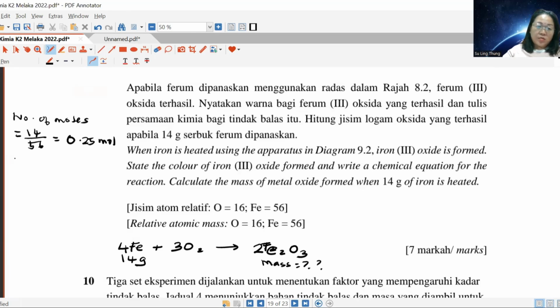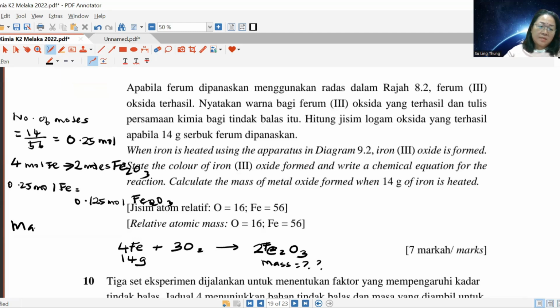And then from the equation, we know that 4 moles of iron produces 2 moles of iron 3 oxide. So in other words, 0.25 mole of iron will actually produce 0.125 mole of iron 3 oxide.